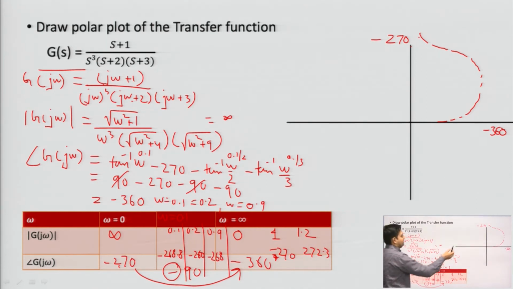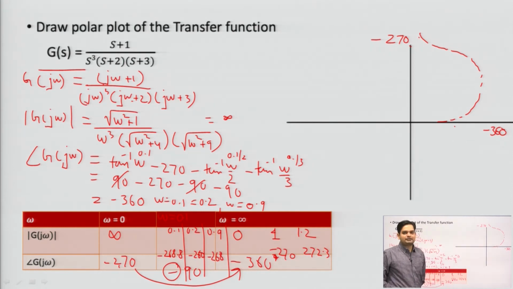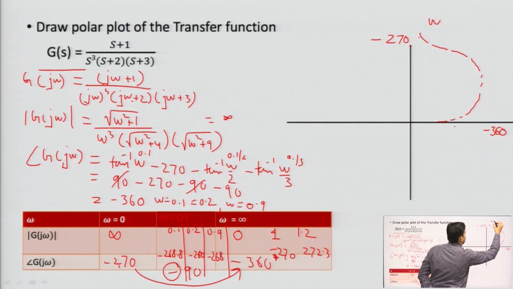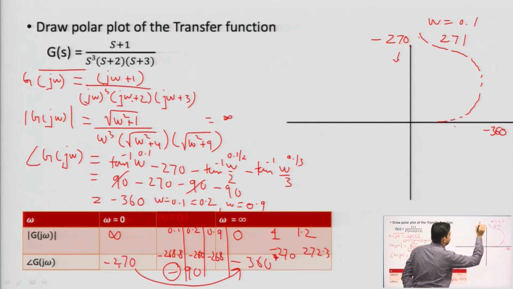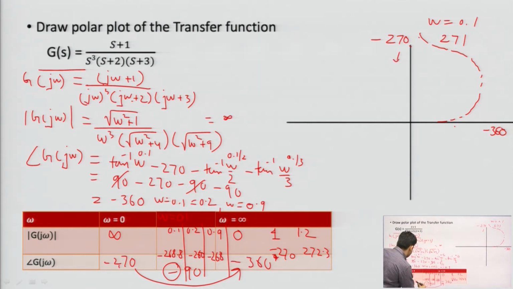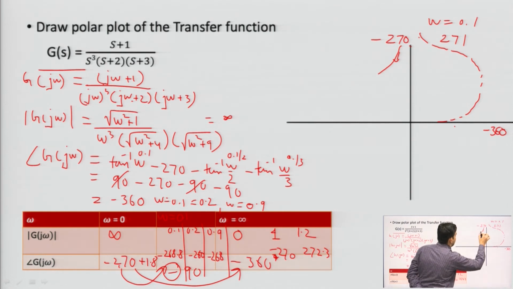So, what I was expecting, whenever I am starting from minus 270, I need to terminate on this axis. It means, when I put omega equal to 0.1, it should be 271 something, but what is happening? It is minus 268, it means it is coming somewhere here, right. If I have to move from minus 270 to minus 268, how much value do I need to add? It is around plus 1.8. Plus means we have to move in anti-clockwise instead of clockwise direction.